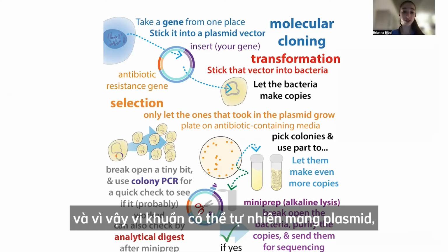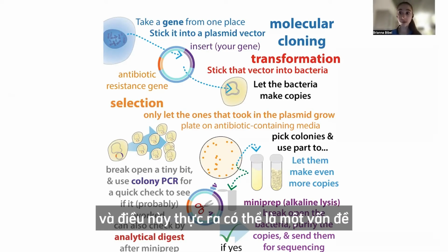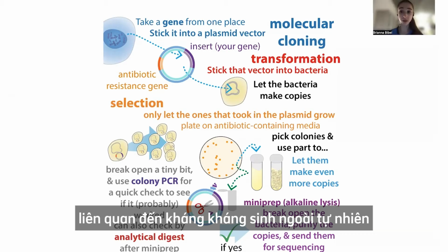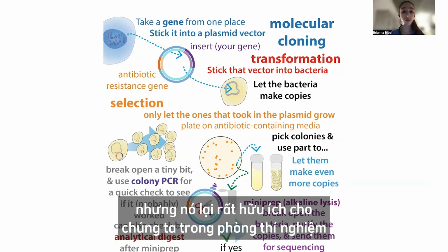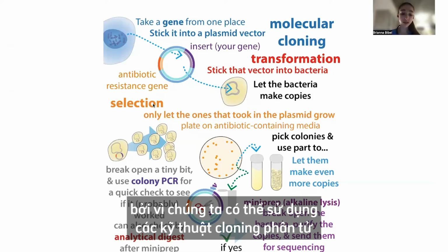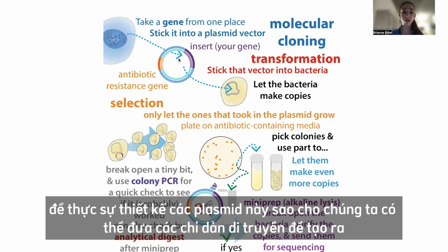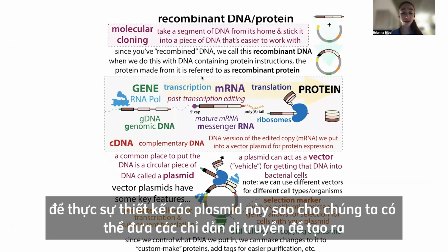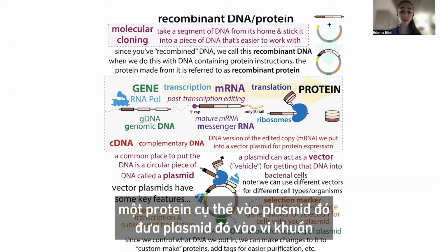Bacteria can naturally host plasmids, and this can actually be a problem with antibacterial resistance in the wild. But it's really helpful for us in the lab because we can use molecular cloning techniques to design these plasmids so that we can stick the genetic instructions for making a specific protein into a plasmid, put that plasmid into bacteria, and get the bacteria to make the protein for us.